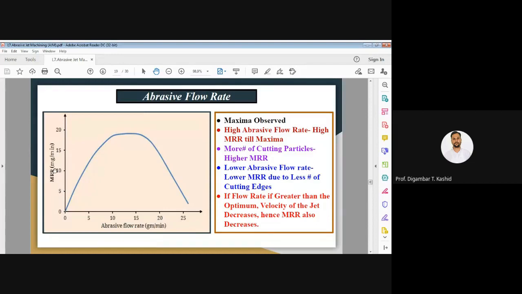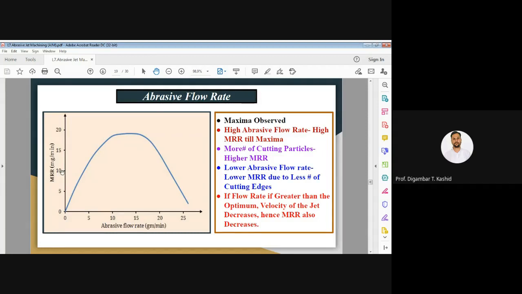removal rate. Okay, now you can see as abrasive flow rate is increasing, the material removal rate is continuously increasing, up to a certain point. Here, whatever the unit, I have shown it in the diagram per minute.